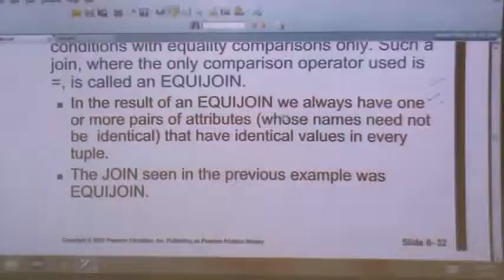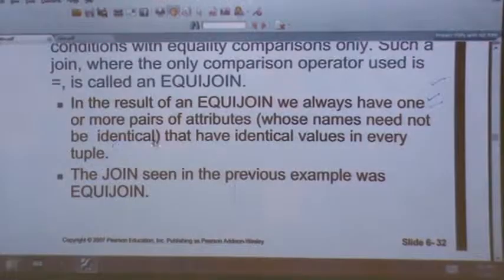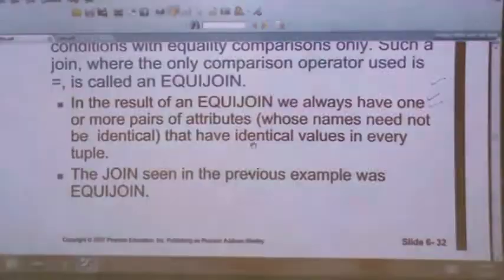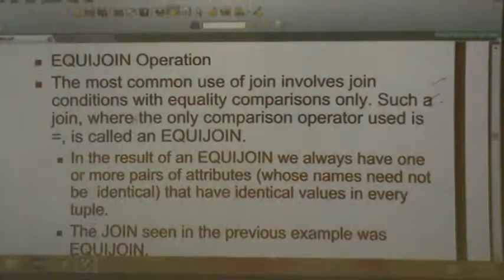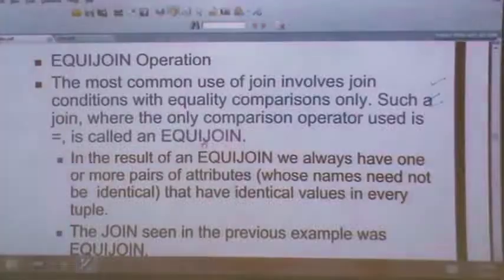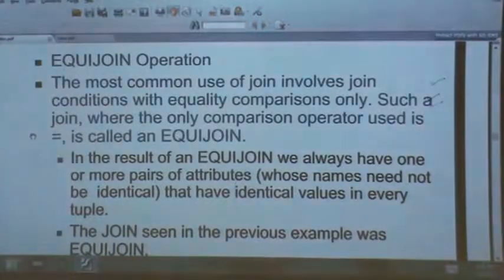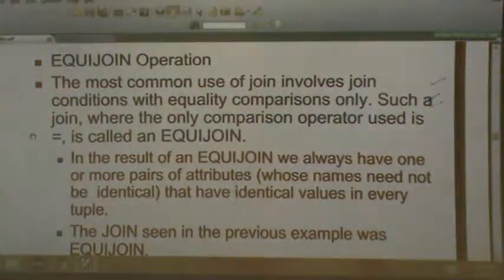So in the result of equi-join, we always have one or more pairs of attributes whose names need not be identical, but have identical values in every tuple. So when you are saying equi-join, then you are using the equal sign, other than the cross sign and bounded things.